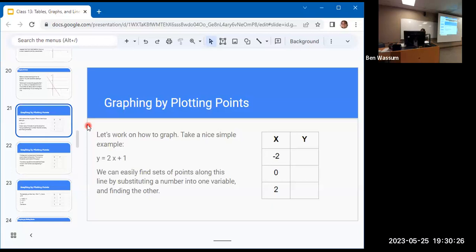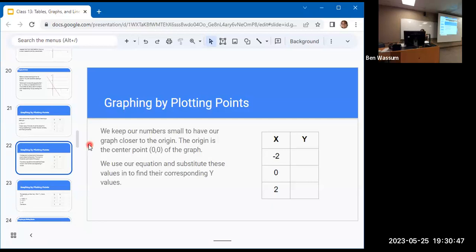You can find sets of points along that line by substituting a number into one variable and solving for the other. In this case, we're plugging things in for x. That'll output something in y, and we'll use that to fill in our table.